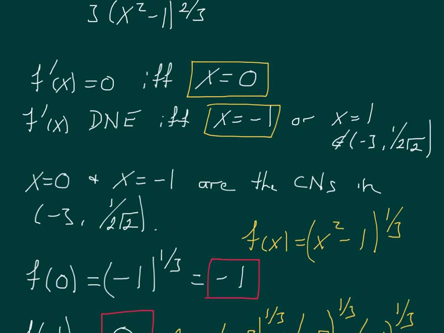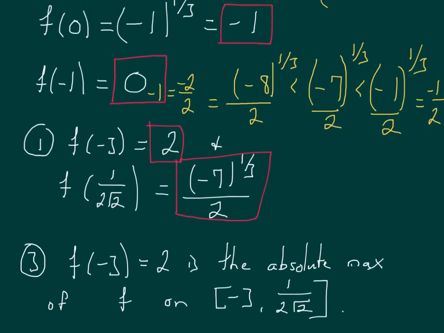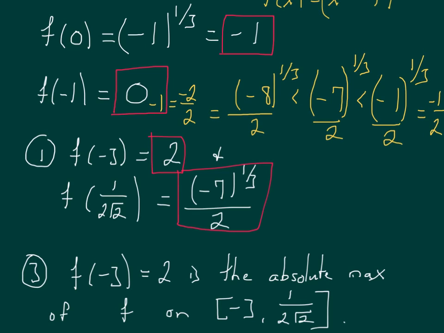And then after we've done that, we have a certain collection of numbers. These are the values that f takes at the critical numbers in the interval and the values that f takes at the endpoints. We compare all of these numbers, not very many usually.